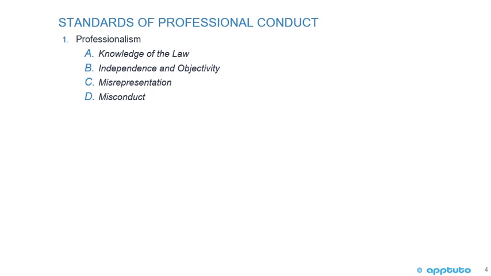B. Independence and objectivity. Members and candidates must use reasonable care and judgment to achieve and maintain independence and objectivity in their professional activities. Members and candidates must not offer, solicit, or accept any gift, benefit, compensation, or consideration that reasonably could be expected to compromise their own or another's independence and objectivity. C. Misrepresentation.